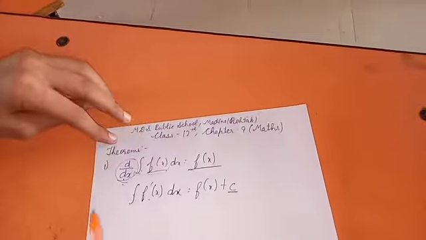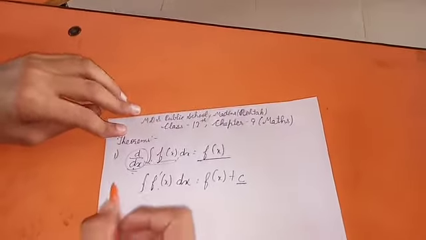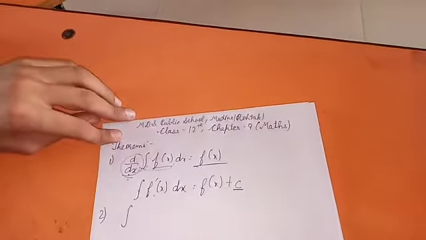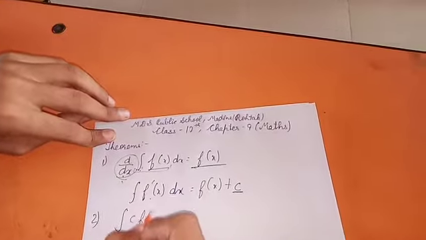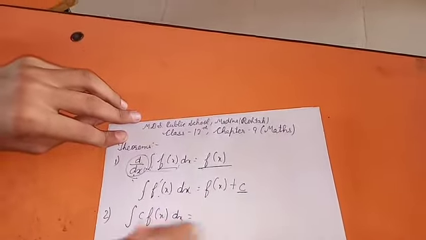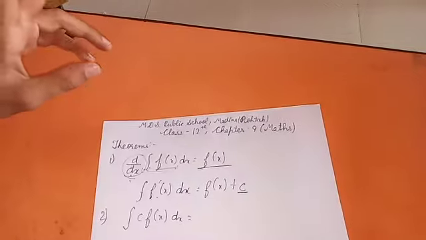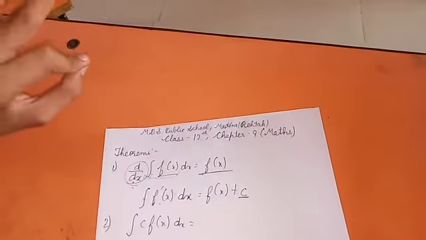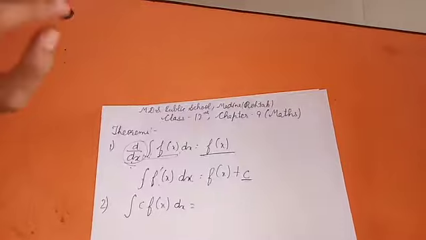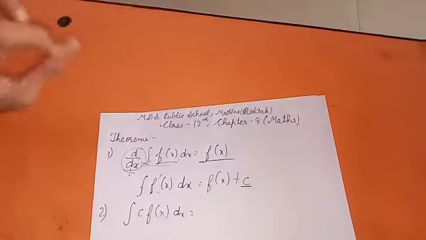Now second, suppose it is given integration of c into f of x dx, where c is a constant. We do not integrate the constant. It is the same as in differentiation.